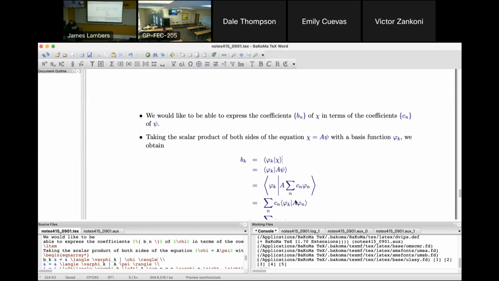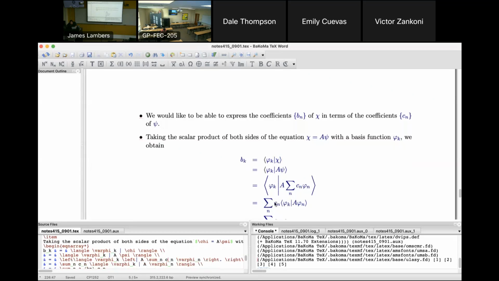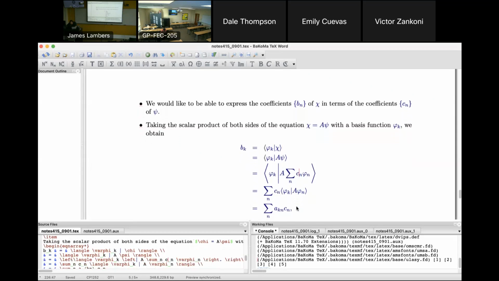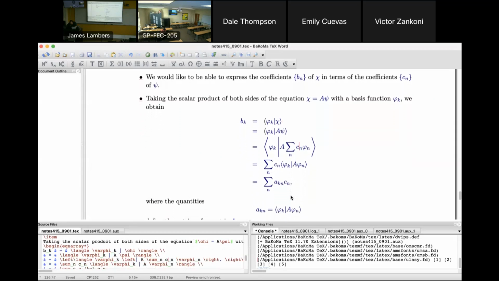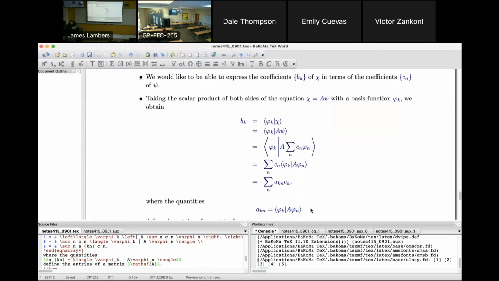Then I use the linearity of the scalar product. I can pull the summation out, and these scalars, Cn, I can also pull out. And now I'm going to define little a kn to be equal to this scalar product expression here.